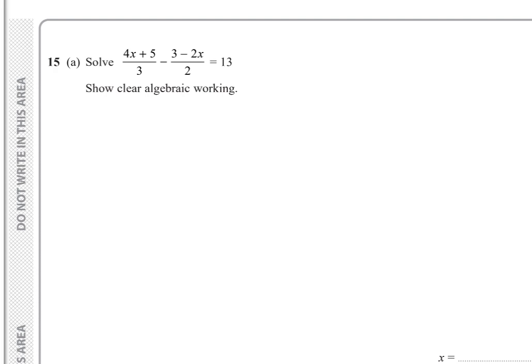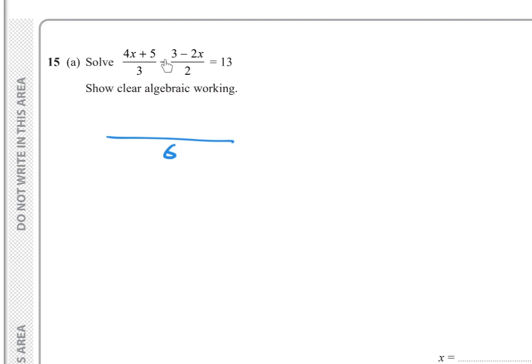15a, solve (4x plus 5) over 3 minus (3 minus 2x) over 2 equals 13. The first step, make a single fraction. For the left hand side, multiply the denominators, 3 times 2 equals 6, then cross multiply to find the numerator.